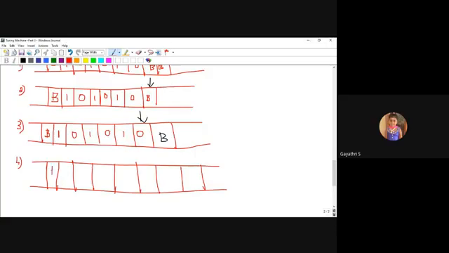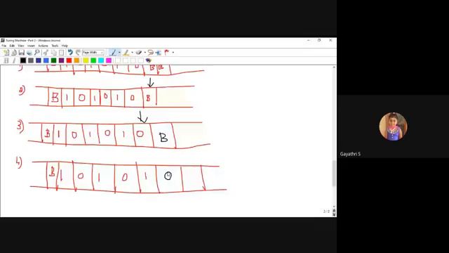So the B is visited and the 0 is visited. Now the head points here.